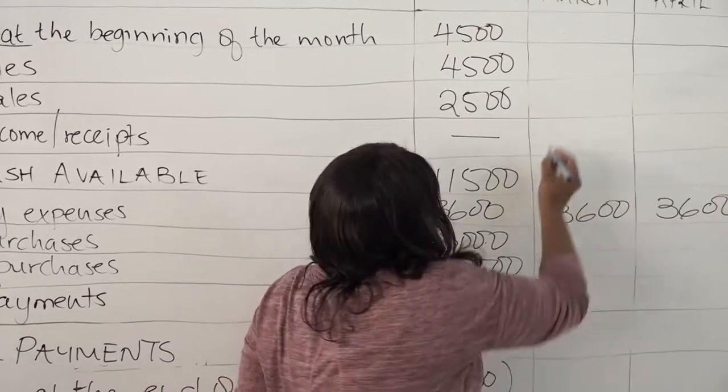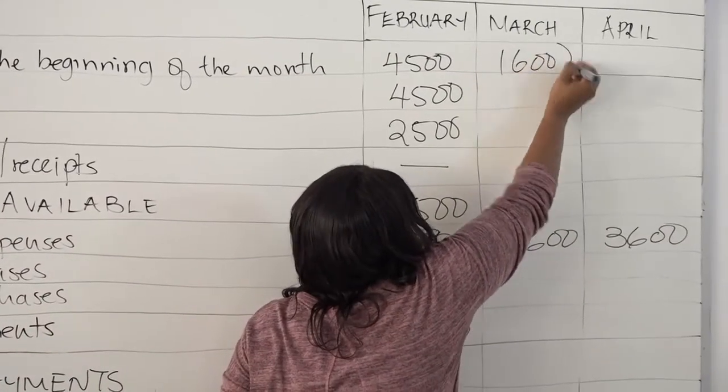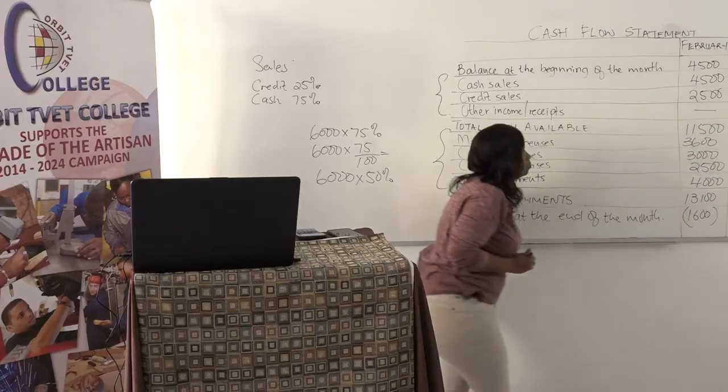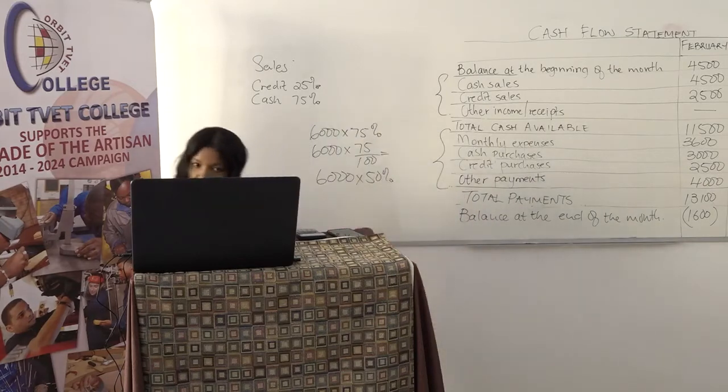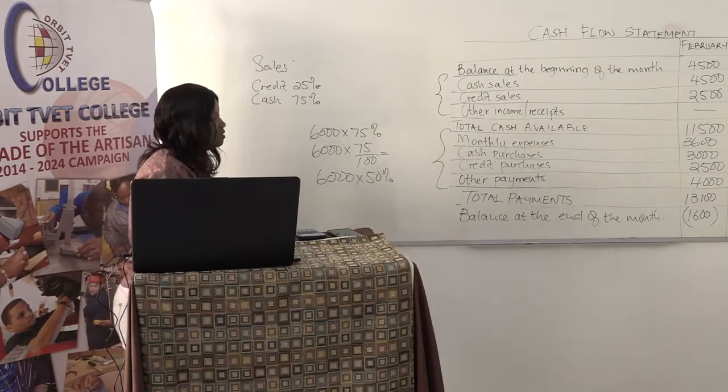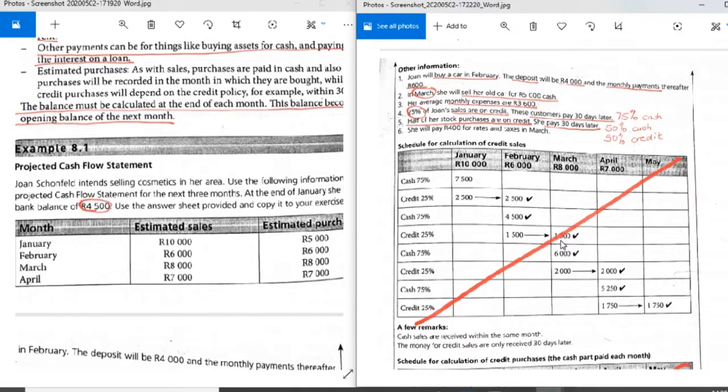We take it as it is with that bracket. Then we have to go back to our sales to calculate our cash sales, our credit sales, check if there are other income, then calculate the total cash available.